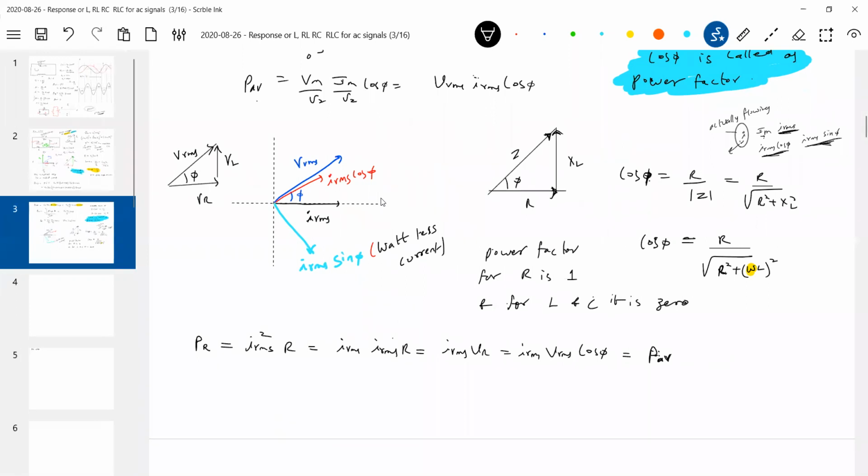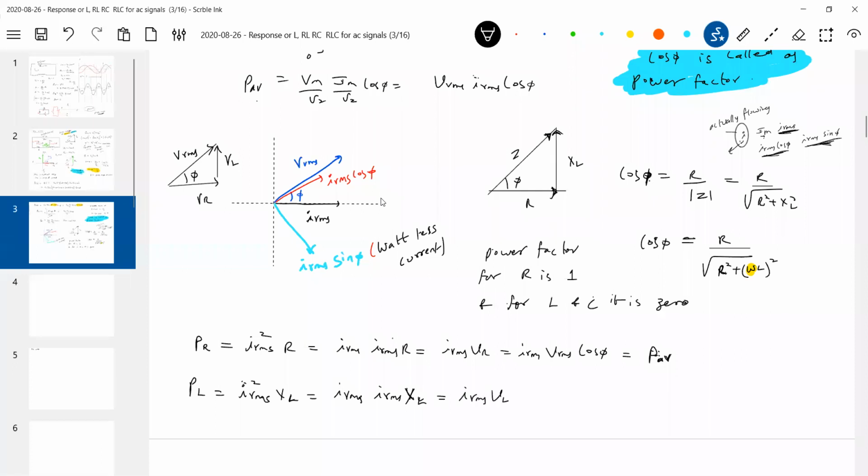Try to correlate things. Now, let's come to the inductor. Across the inductor, IRMS square into XL, no? This I'll break up. What is IRMS into XL from Ohm's law?